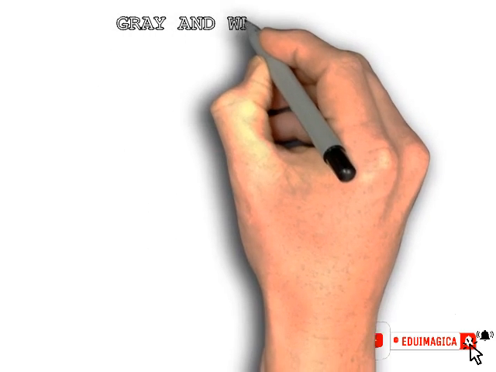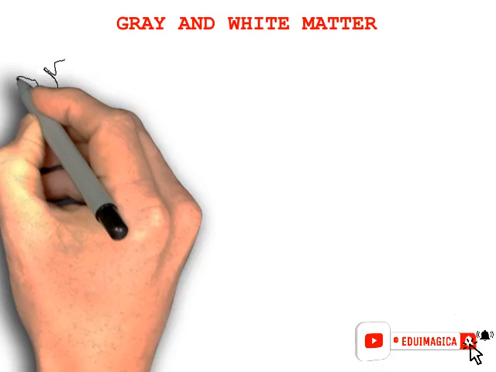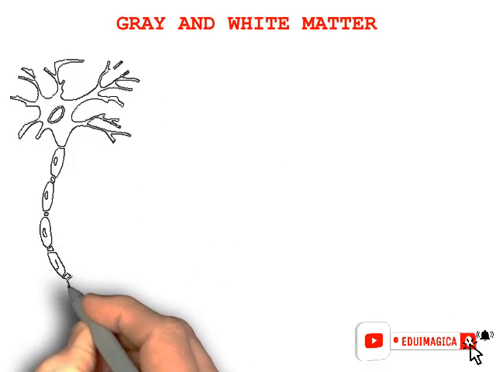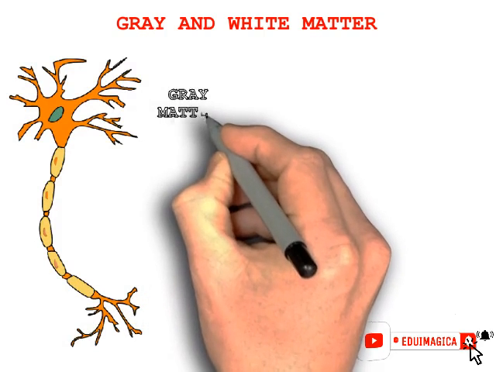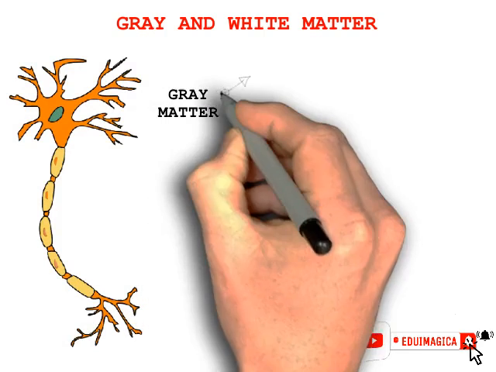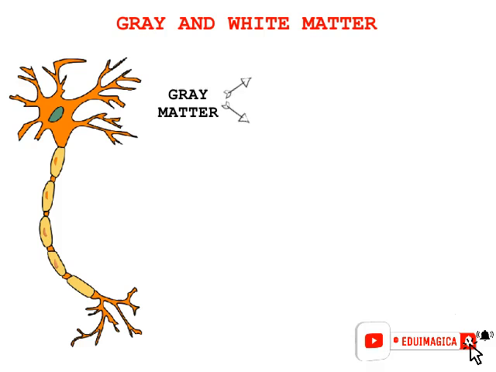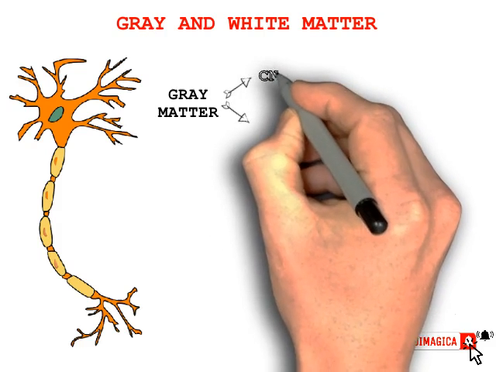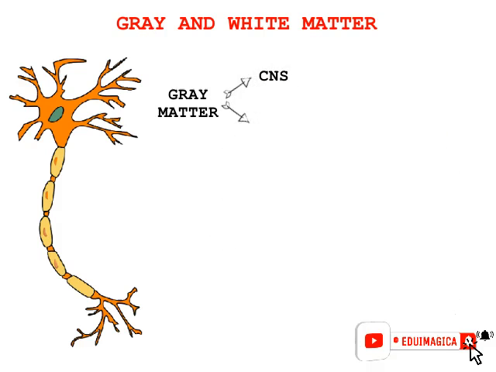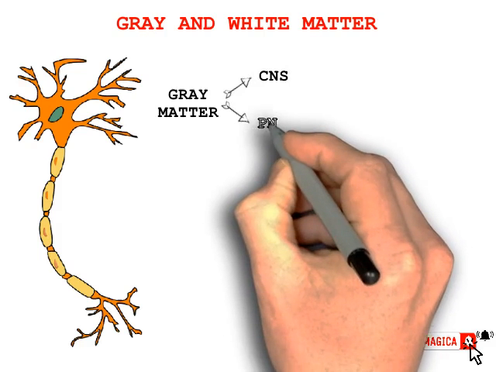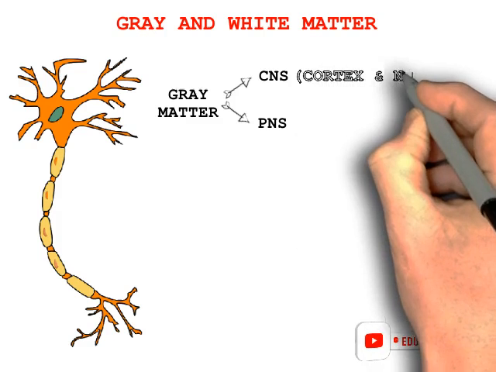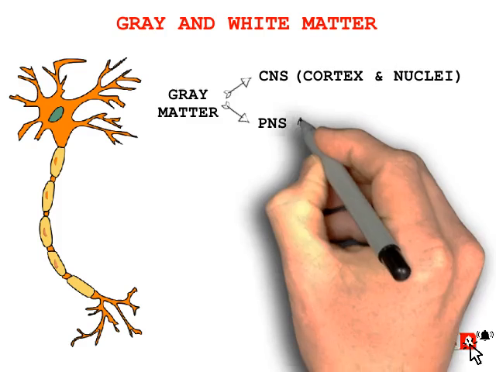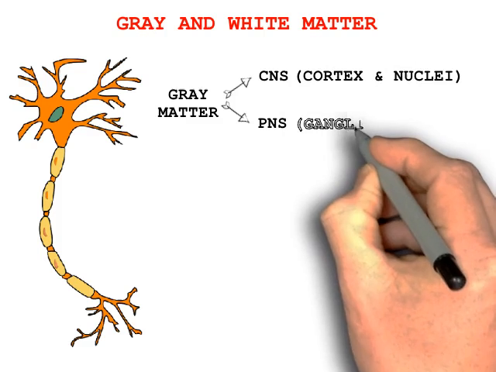Now, let's study in detail. As we all know, gray matter is the collection of neuron bodies in the central and the peripheral nervous system. So the collection of the neuron bodies or the cell bodies in the central nervous system forms the cortex and the nuclei, whereas in the peripheral nervous system it forms the ganglion.